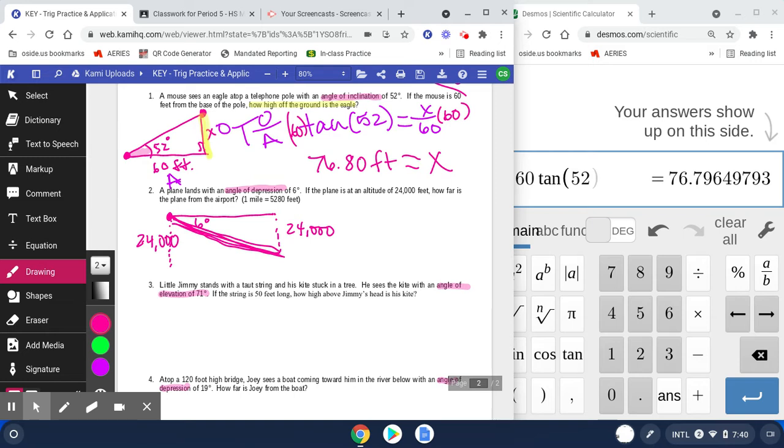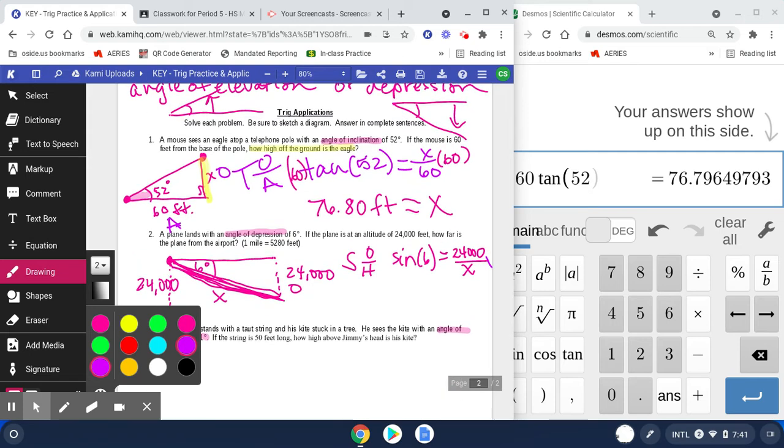But if I am looking at this 24,000 as an opposite of my 6, and this hypotenuse is my missing side length, then we are going to go with an opposite over hypotenuse, and which trig function uses the opposite over hypotenuse? We've got a sine function. So we're going to go the sine of 6 degrees is equal to 24,000 over our missing hypotenuse, and we're going to multiply both sides by that x to bring up that denominator.